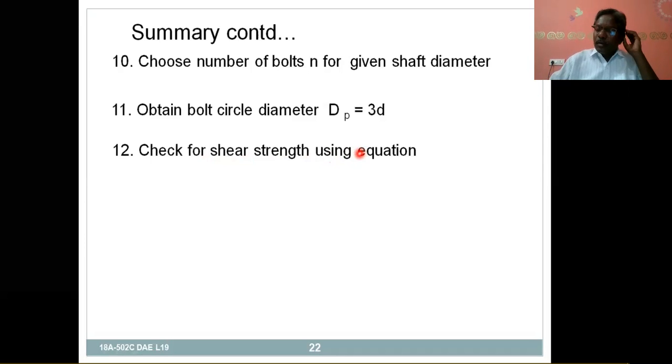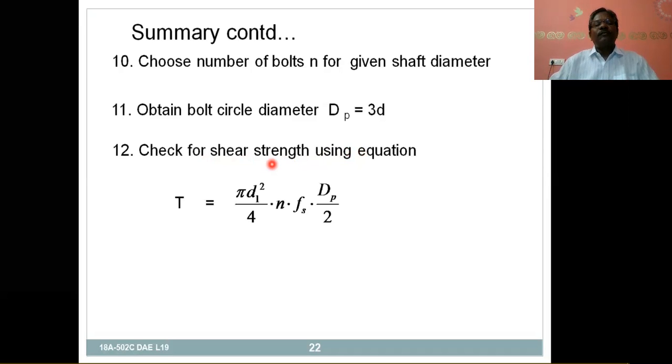Sometimes they may not give the nominal diameter of the bolt. In such cases, by using the shear stress equation, we have to calculate the nominal diameter of the bolts using this formula: T is equal to pi by 4 d1 square into n into Fs into dp by 2. With this formula, let us calculate d1 whenever they have not given the size of the bolts.